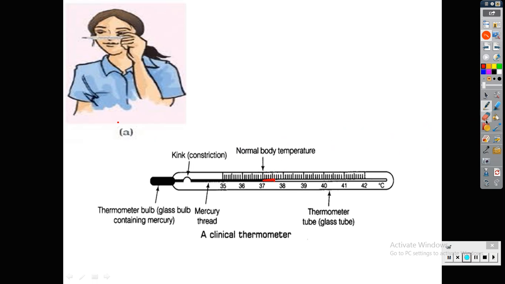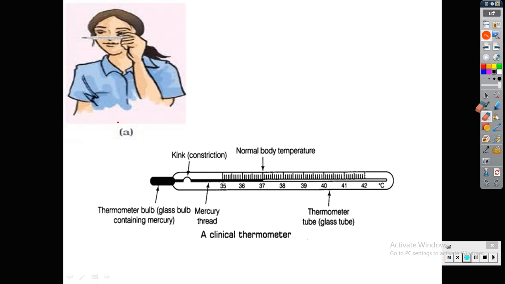For getting the correct reading we shake the thermometer. So before reading, we have to ensure that the level of mercury is below 35 Celsius.